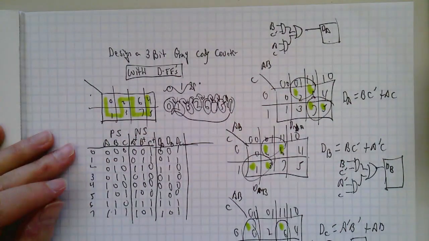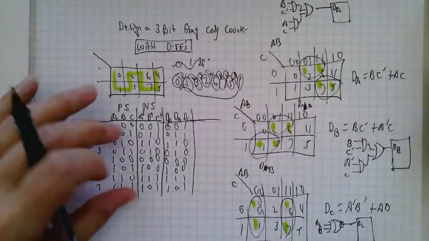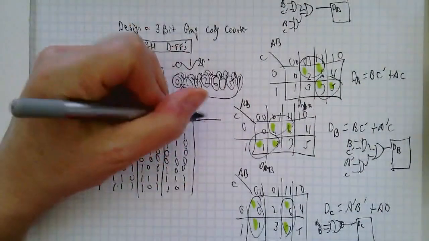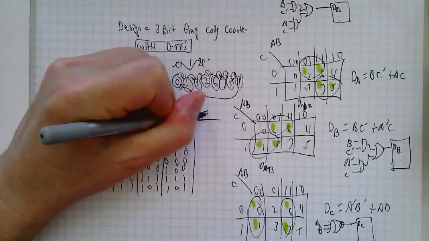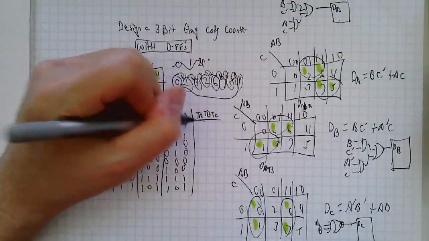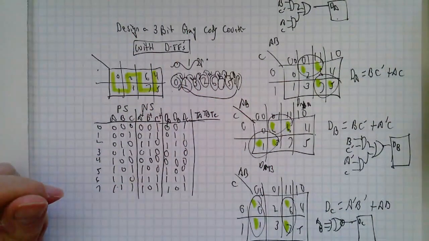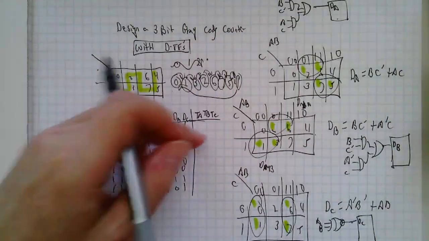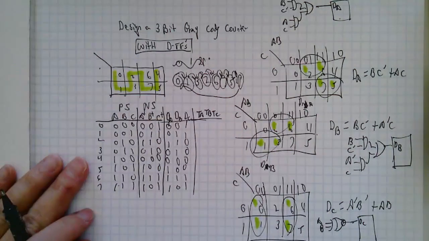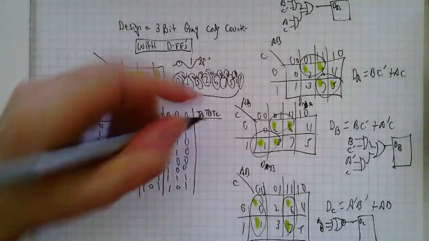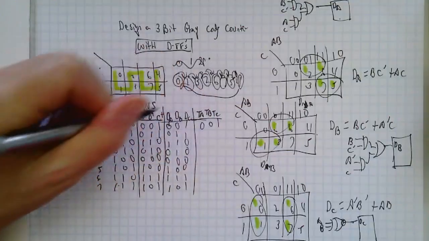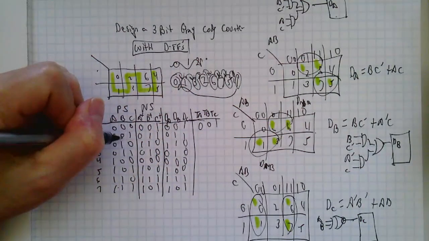Well, then you have to go all the way back just to this part and write T sub A, T sub B, T sub C. And then you'd have to write out the toggle flip-flop inputs. And every row would have one bit of change.